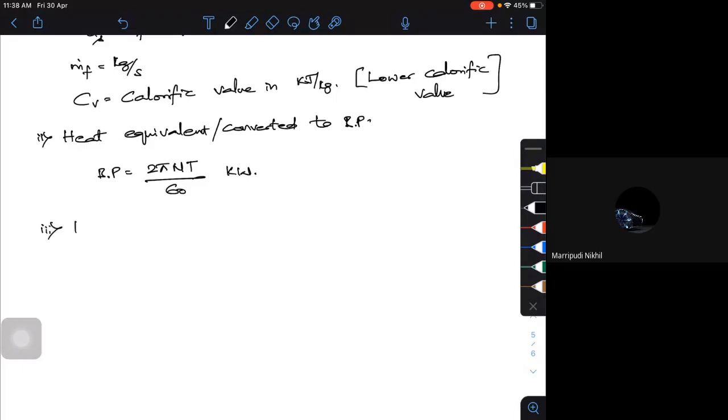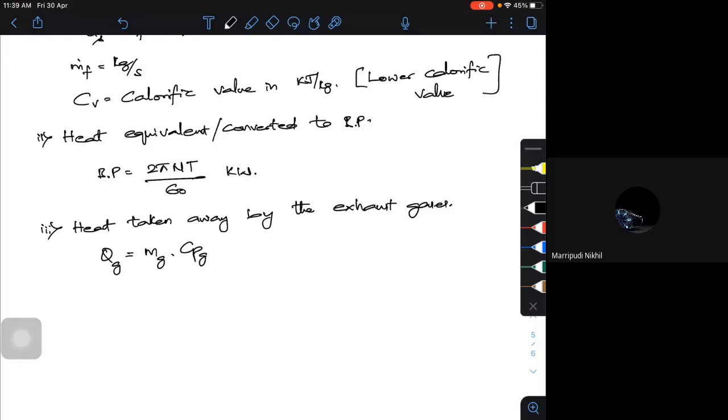So the heat taken away by the exhaust gases is given by Q exhaust gas, Qg, equal to mass of gases into Cp of the gases into the temperature of the exhaust gases at the exit minus T ambient.